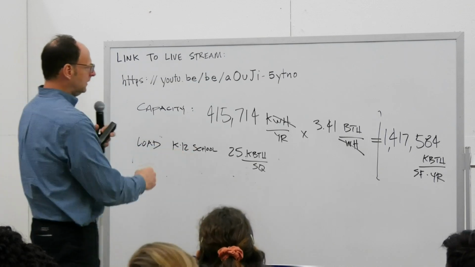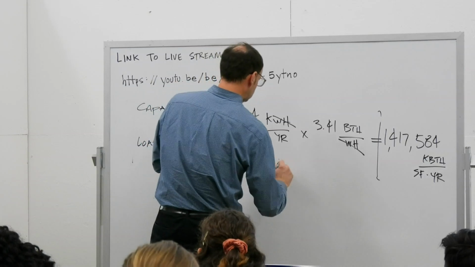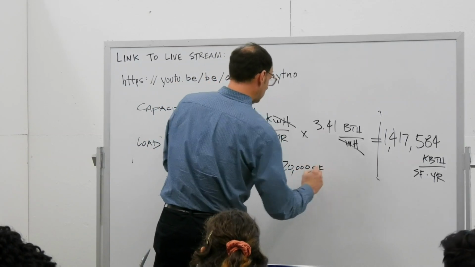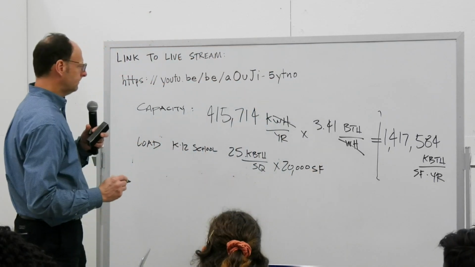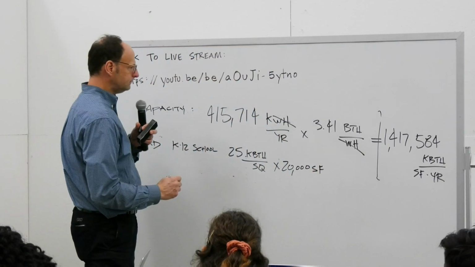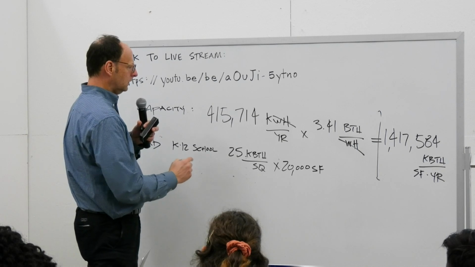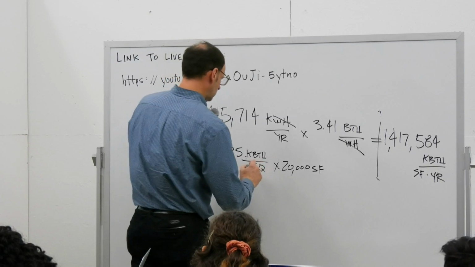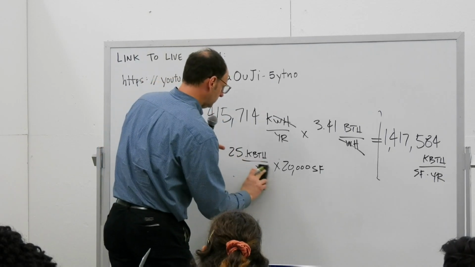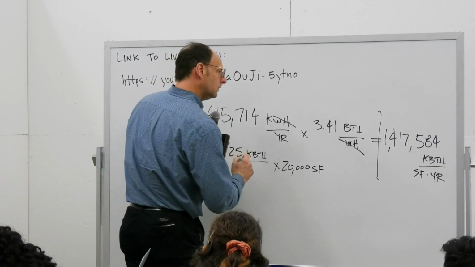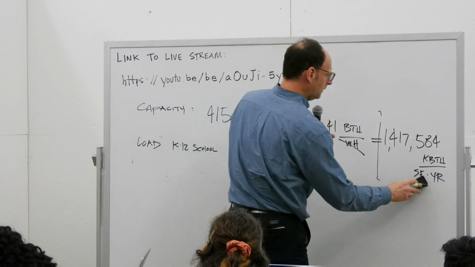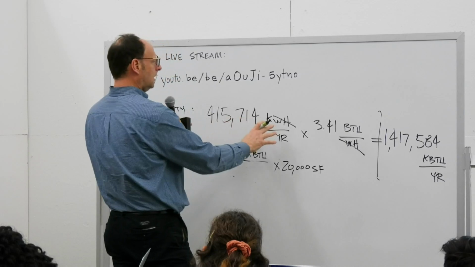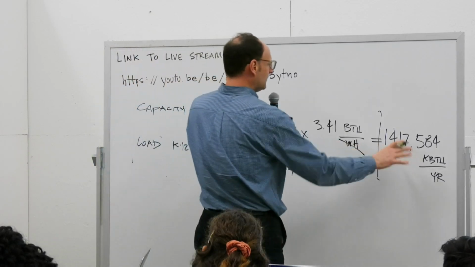So we're taking 25 kBTUs per square foot times 20,000 square feet. That will give us kBTUs. Sorry, this is 25. Yeah, actually, this is independent of square feet. Yeah, sorry. So I put square feet in here.